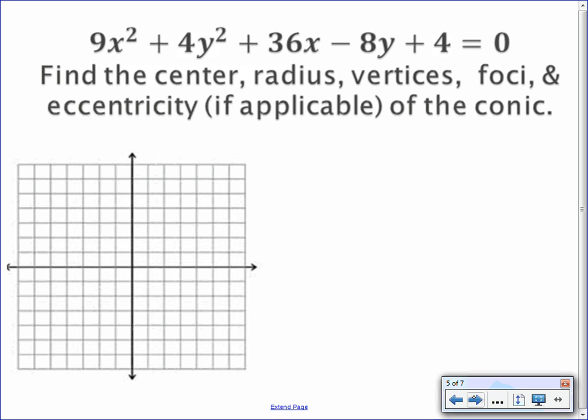So here we go. First of all, x squared has a coefficient of 9, so that needs to be factored out of x squared, which means it also needs to be factored out of 36x. We have a coefficient of 4 in front of our y squared, so that needs to be factored out. It also needs to be factored out of negative 8y.